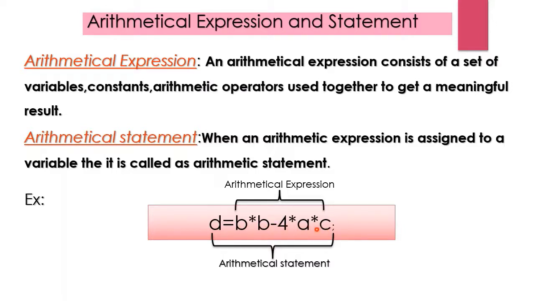When an arithmetical expression is assigned to a variable, then this entire statement is called an arithmetical statement. Here b * b - 4 * a * c is an arithmetical expression, and when this expression is assigned to the variable d, then it becomes an arithmetical statement.